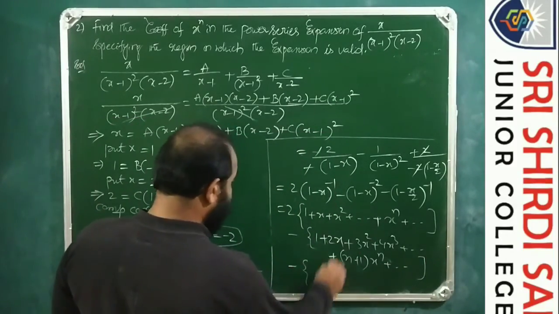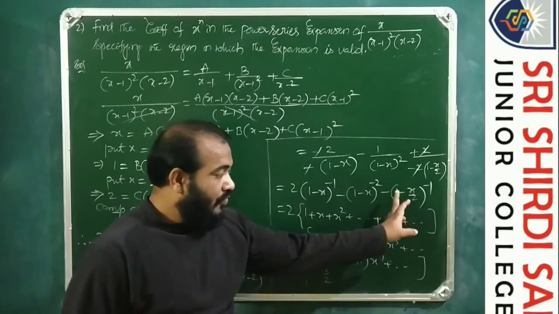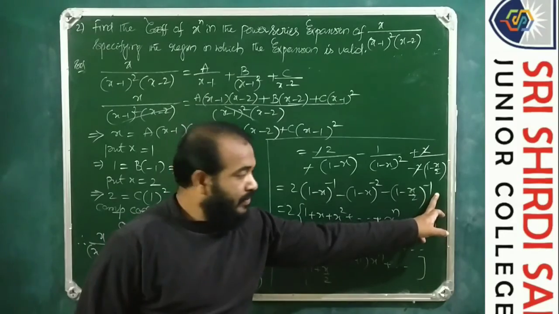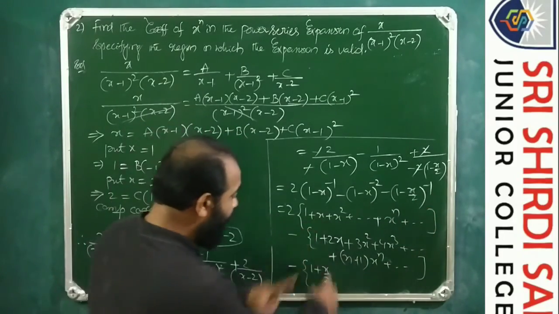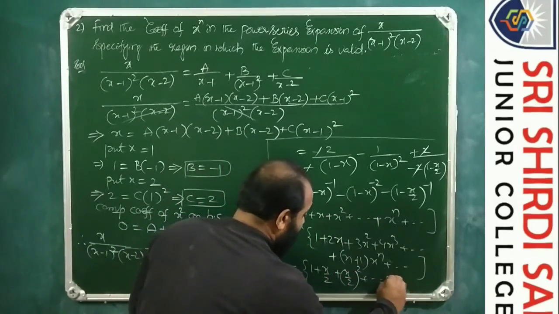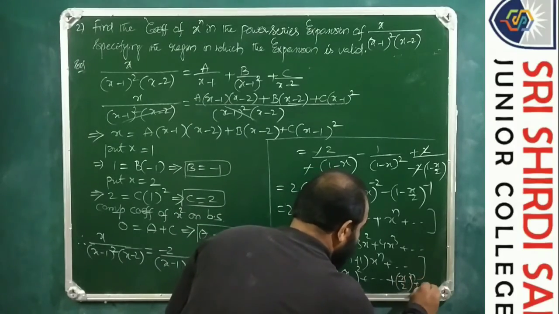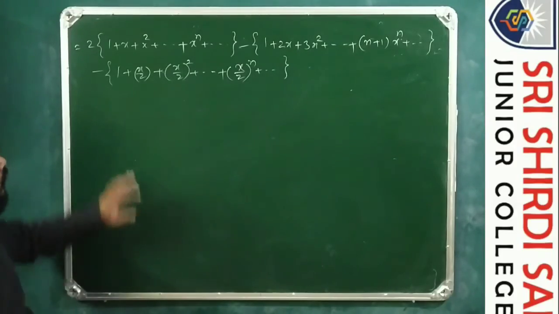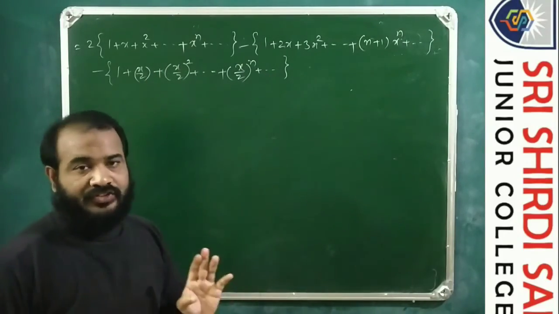Minus, this is (1 minus x) whole power minus 1 type. So in the place of x, substitute x by 2: 1 plus x by 2 plus (x by 2) whole square plus etc., plus (x by 2) whole power n plus etc. So these are what we have got as expansions.